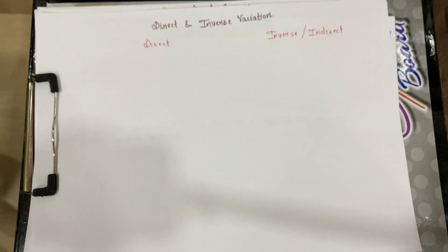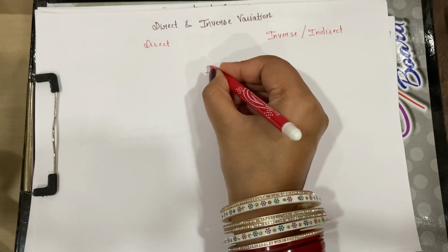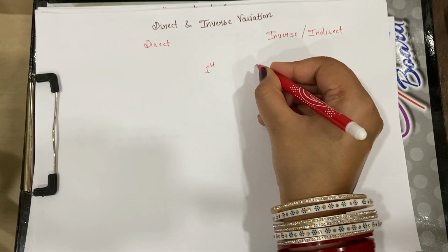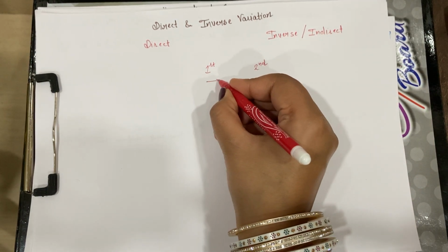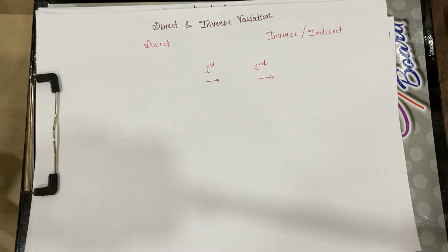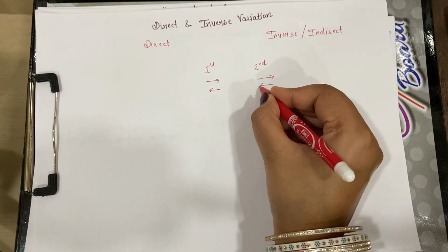Now, what do we mean by direct variation or inverse variation? When we talk about variation, there are two variables. If with respect to the first variable, the second also increases, for example, first is increasing and second is also increasing, or first decreases and second also decreases.